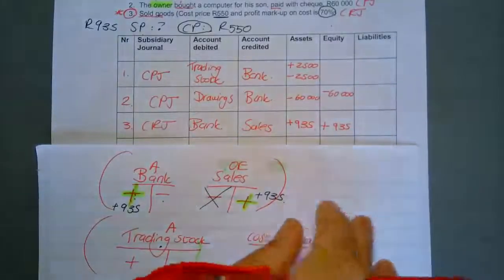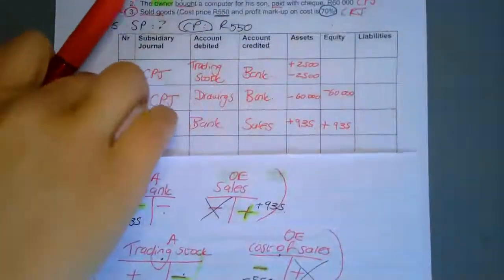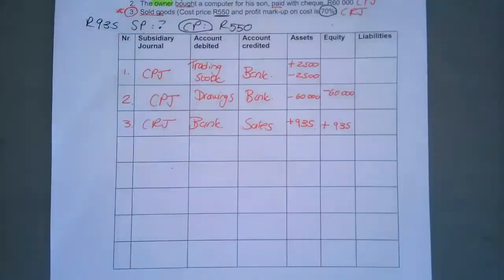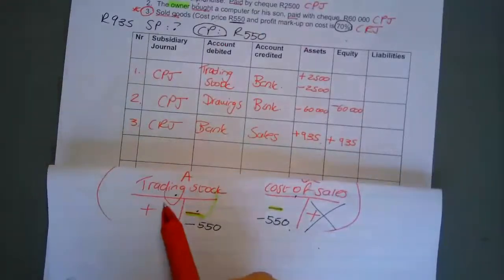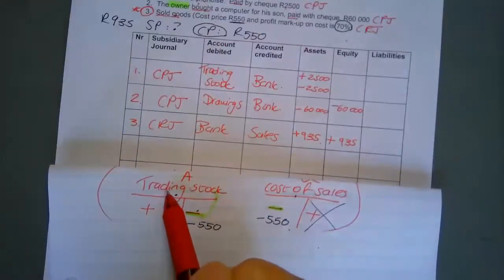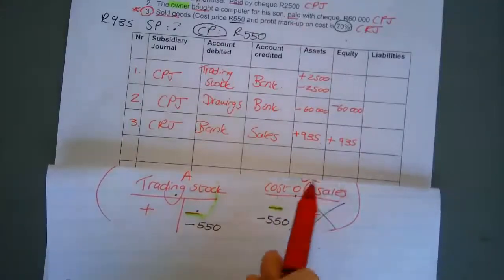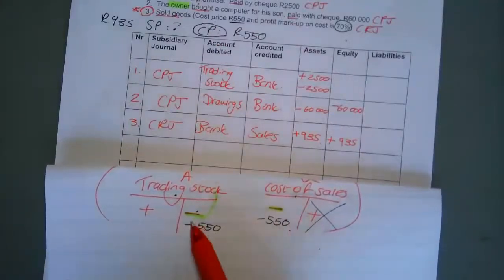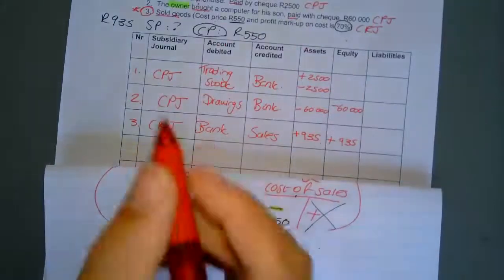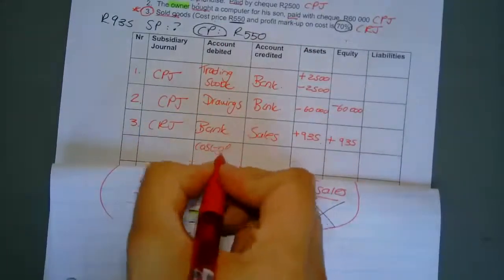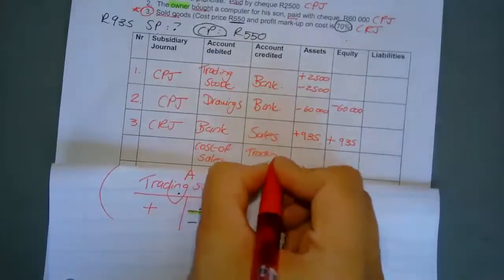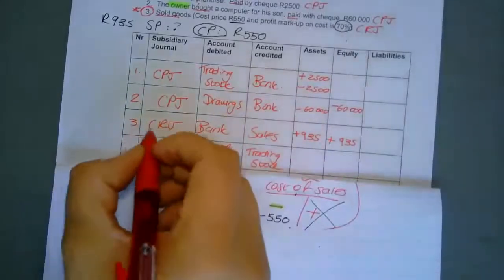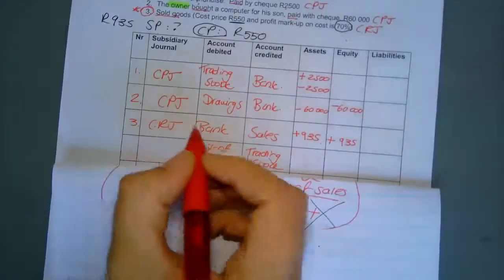Now you're going to do the second part of the transaction. I'm just going to fold the paper. What am I selling? I'm selling trading stock. And what is the value? Cost of sales. Which account is debited? Cost of sales is debited. You write down cost of sales. Which account is credited? Trading stock. You do not have to fill in this information again because it's already there.